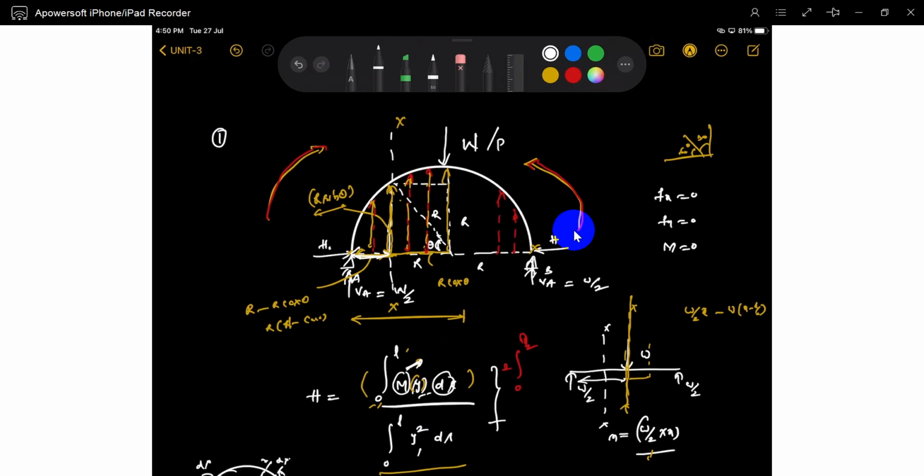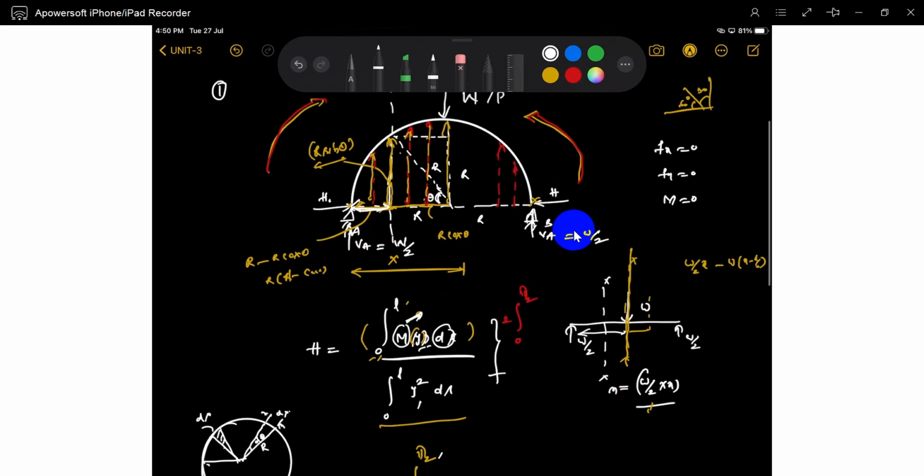Multiply with y, the vertical height at every section. So every section, the summation of moment multiplied with vertical height. The moment is just from the vertical reaction, not from the horizontal thrust. Divide by y square ds, 0 to L, where y means the vertical height throughout the span.